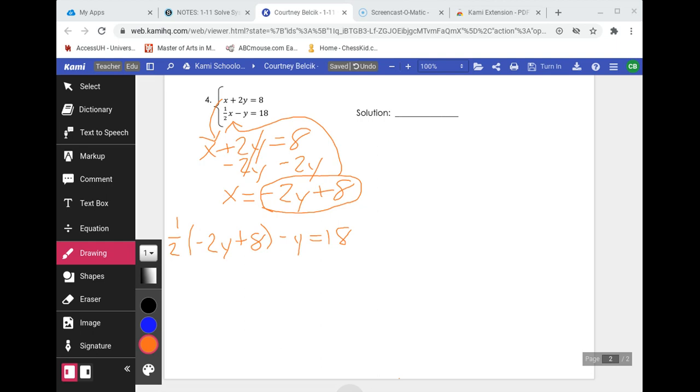Again, from Algebra 1, remember that anything outside of parentheses but touching parentheses should be distributed to each term inside parentheses using multiplication. So think about half of negative 2y and half of 8. I'll let you write your new equation after distributing.